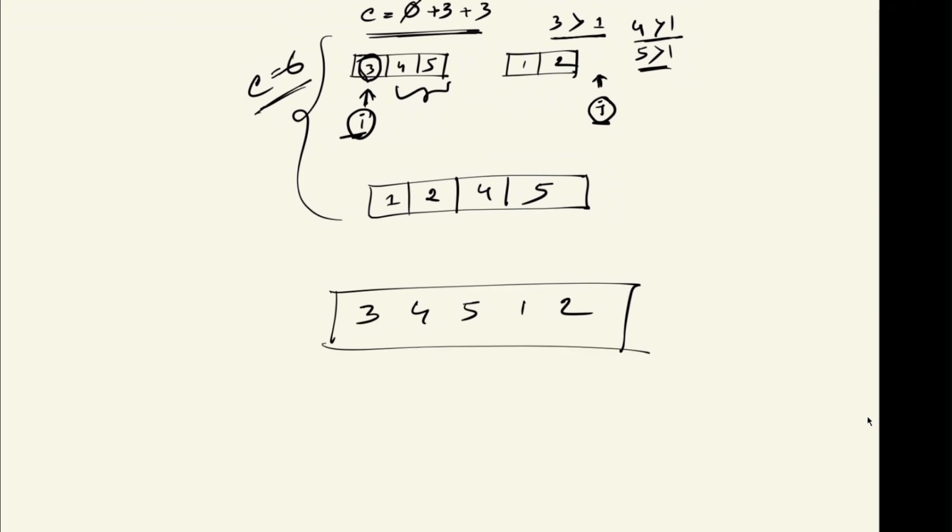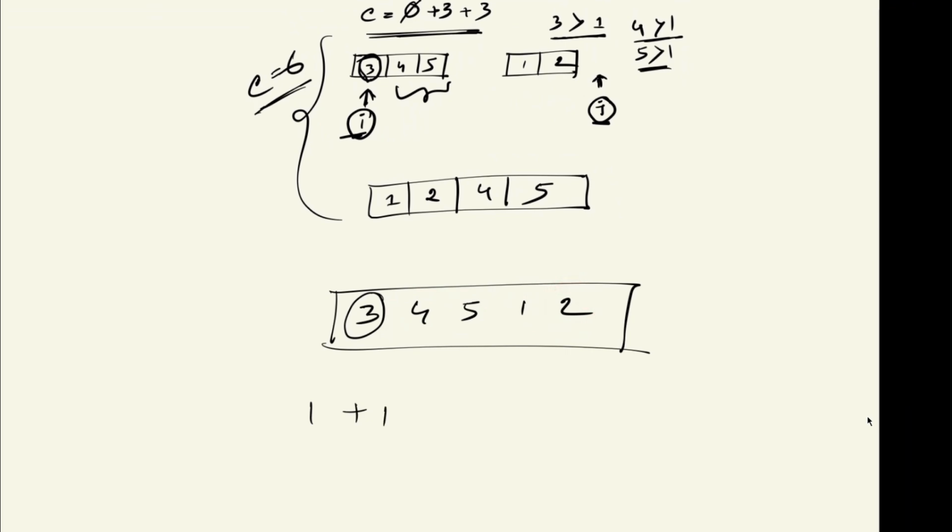What's the inversion count? 3 and 4 is not an inversion. 3 and 5 is not an inversion, but 3 and 1 is an inversion, right? So our inversion count is 1, plus 3 and 2 is another inversion, so we get another one.